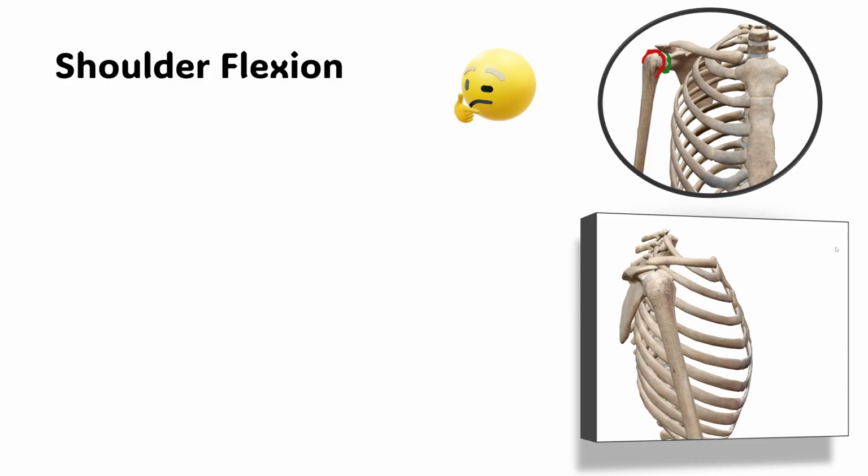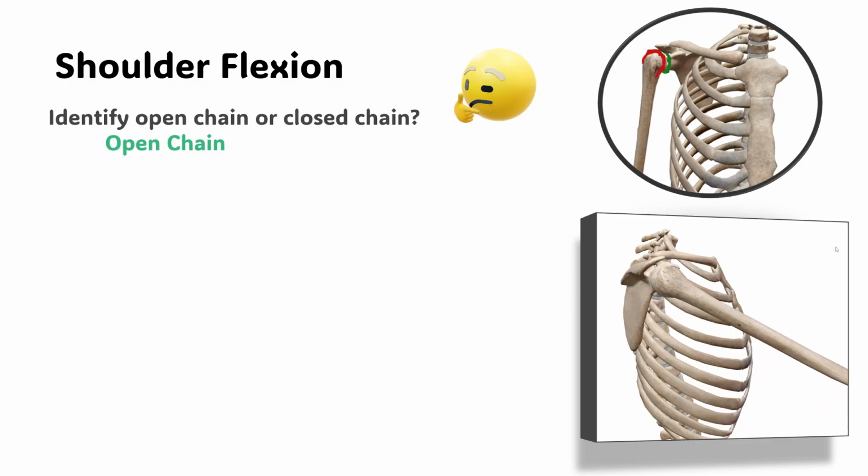So let's go through our questions. The first question, if you remember, is is this an open chain movement or a closed chain movement? Well, it looks like the humerus is moving on the scapula. That's distal on proximal. So it's an open chain movement. Yes, it is.